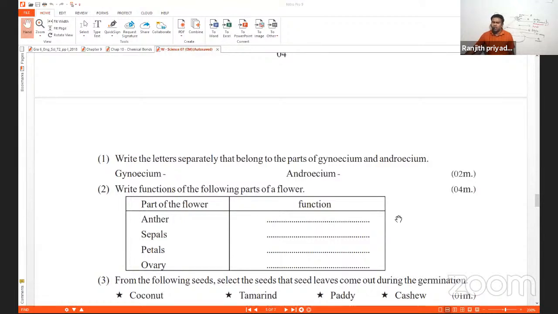They are not asking to name the gynoecium parts and androecium parts. You have to just write down these English letters associated with that. Gynoecium is E, F, A, E, F.